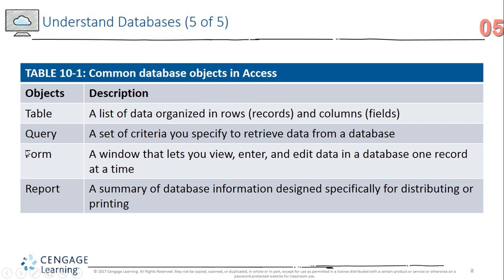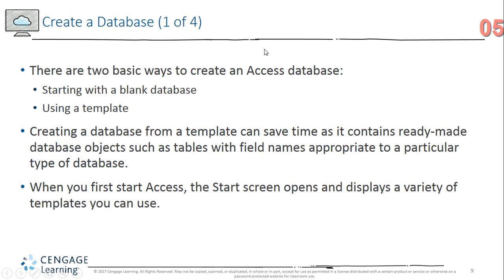A form we discussed; that's a window that lets you view, enter, and edit a database one record at a time. A report is a summary of database information designed specifically for distributing or printing. Now that we've talked about the four main objects in a database, remember those objects, because when you're working in Microsoft Access, you're going to be working with one of those four objects at all times.